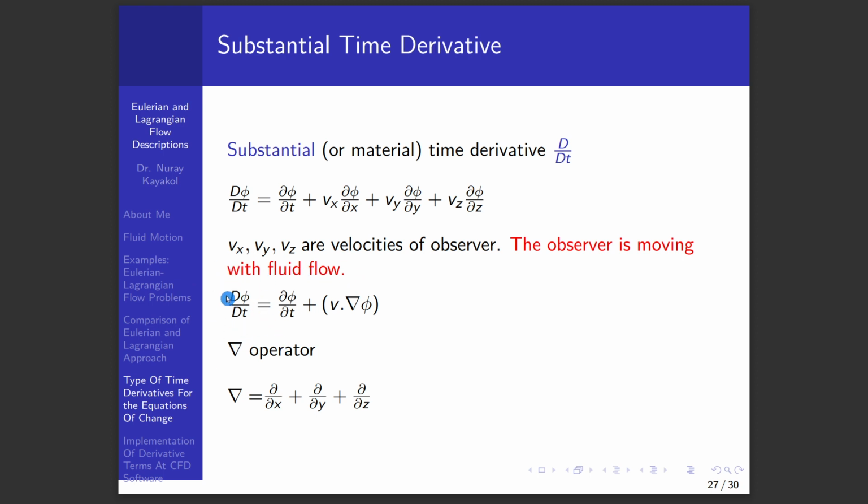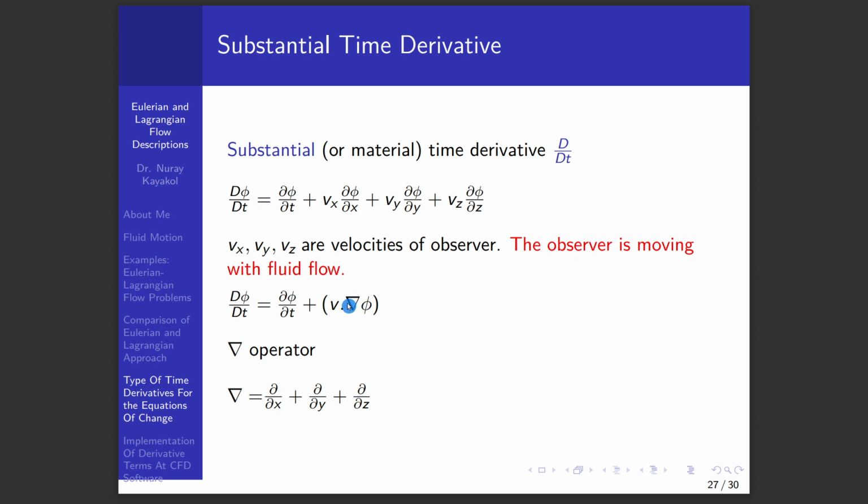So D over Dt is expressed in vector form as del phi over del t plus V dot del phi. This dot is the dot operator. This is a quick way of reading the equation.